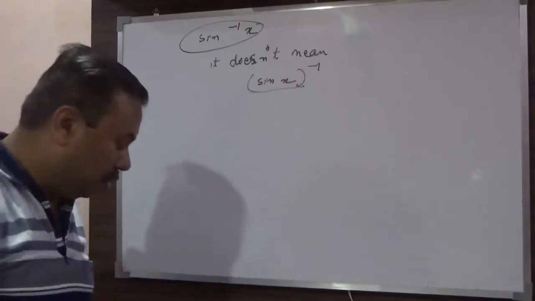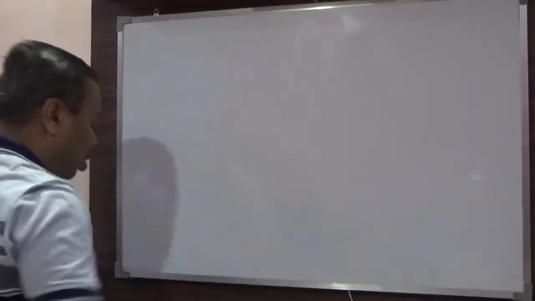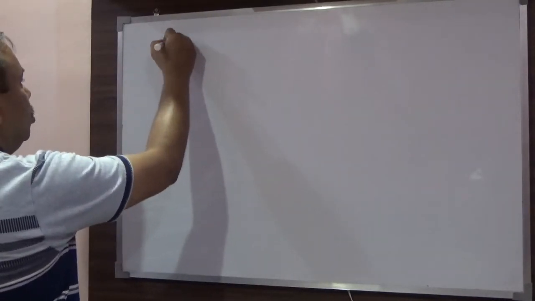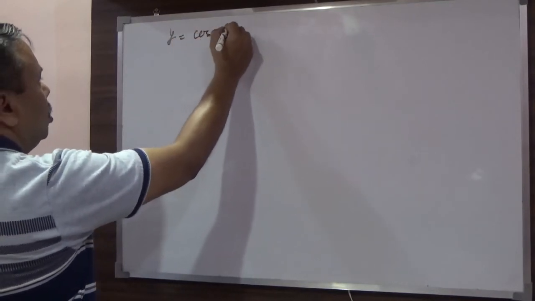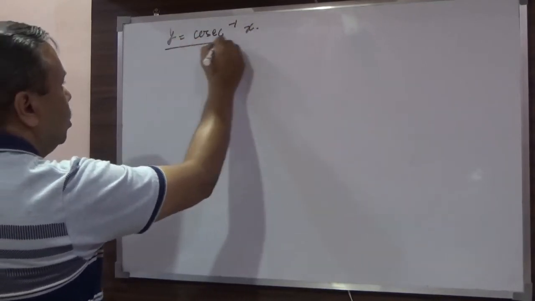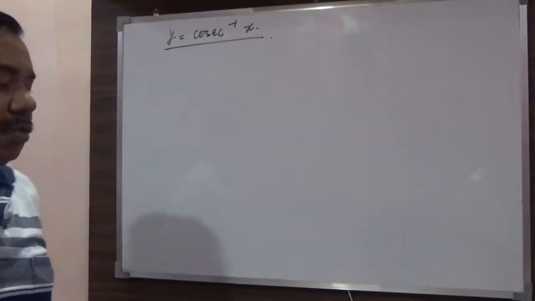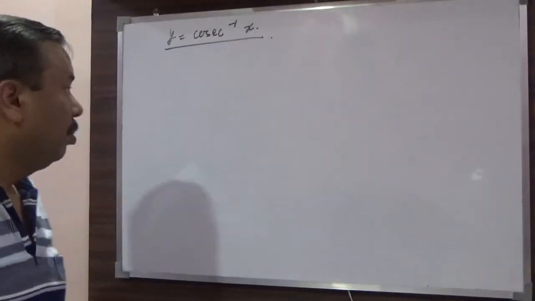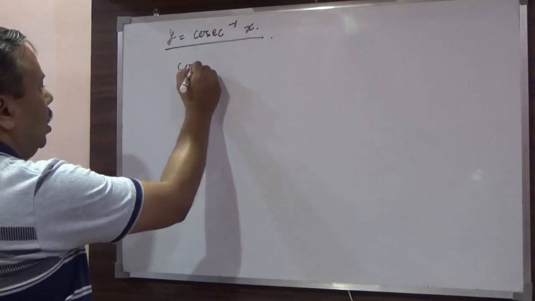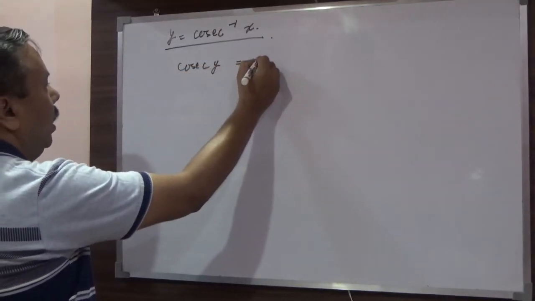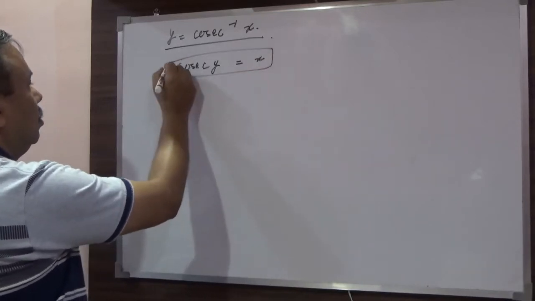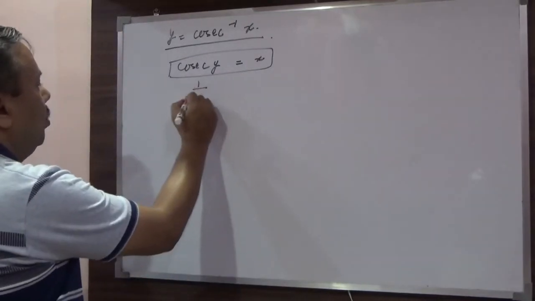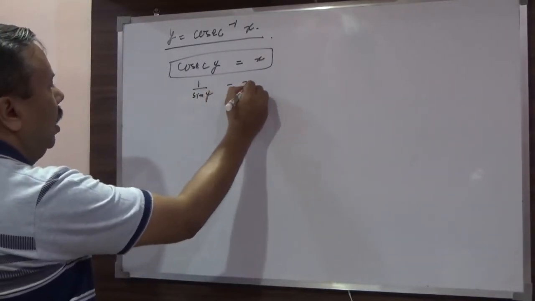Okay, so now what I was talking about, cosec inverse x, that means y is equal to cosec inverse of x. Now you see, this will be cosec of y is equal to x, or I can say 1 by sine y is equal to x.